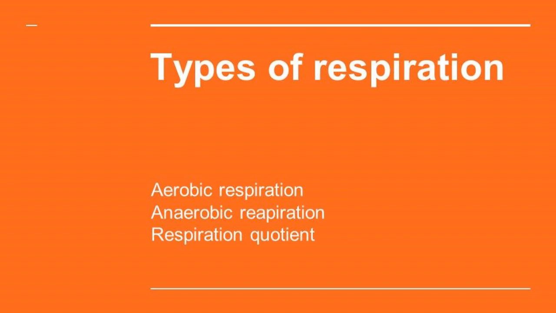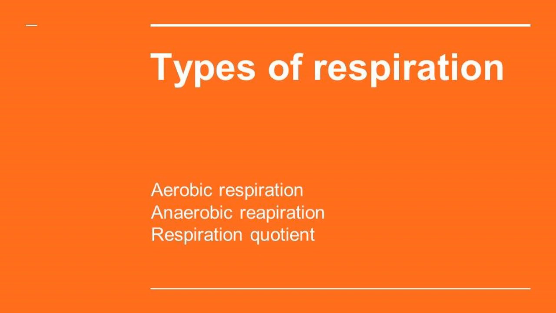Types of respiration. Even though plants do not look like they respire, they do. We have two types of respiration: first is aerobic respiration, then anaerobic respiration, and the last one is the respiratory quotient. Respiration involves exchange of gases between the organism and the internal environment.